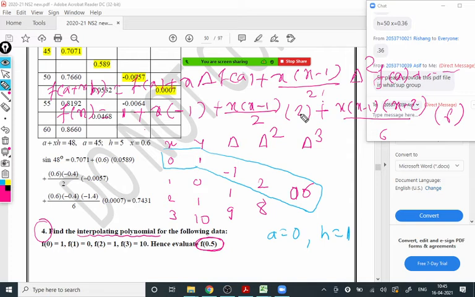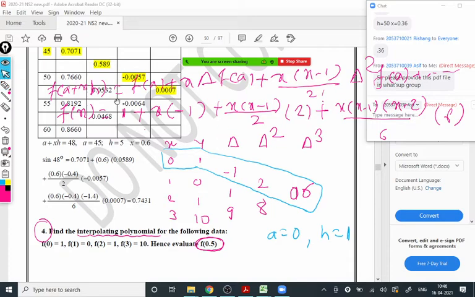So this is the extra part asked in question number 4. You don't have to substitute the value of x first. You have to find the function f(x) first, and then at the end you replace x by 0.5, and you get f of 0.5. Is it clear?